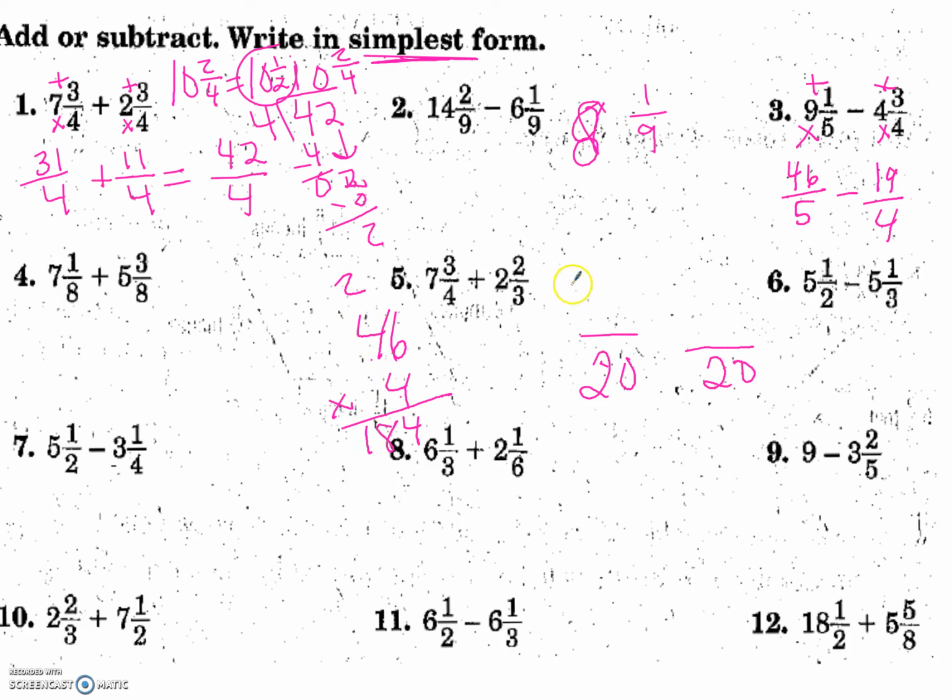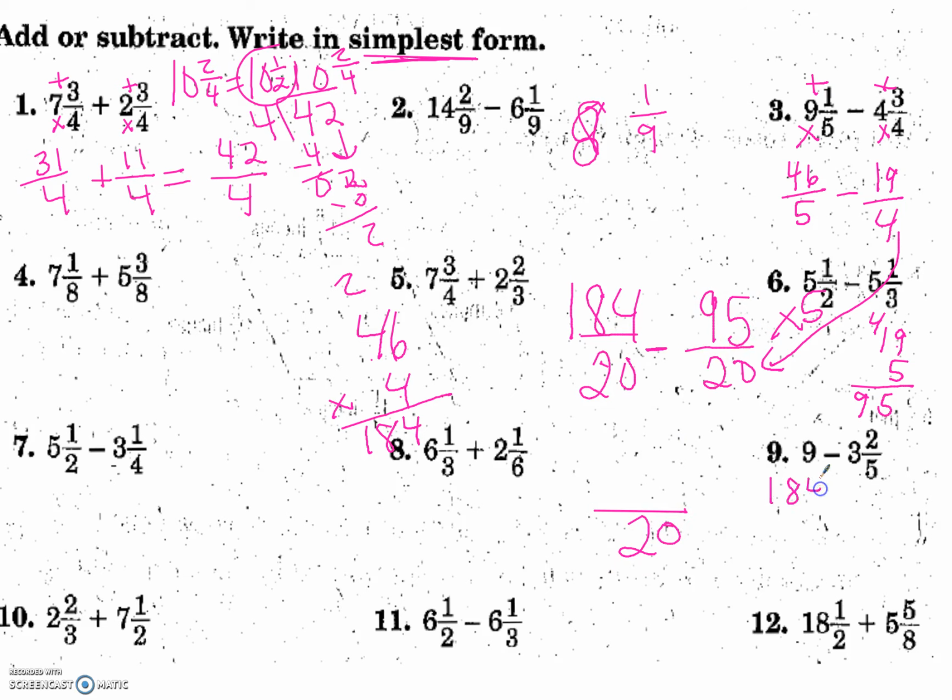So 184 minus, now we have to do 19 fourths. So what did we do from 4 to 20? We multiplied by 5. So we have to do 19 times 5. 5 times 9 is 45. 5 times 1 is 5, plus 4 is 9. So minus 95. We're going to keep our denominator, and we're going to subtract our numerators.